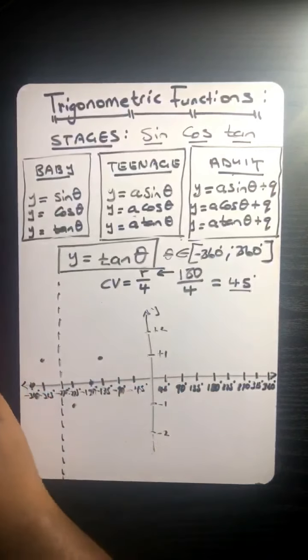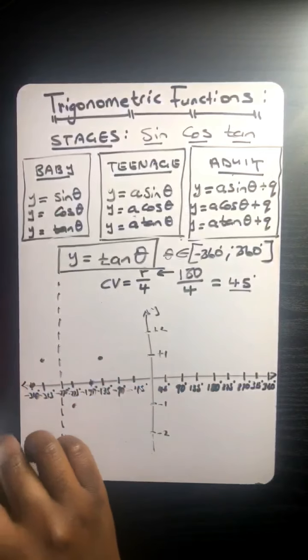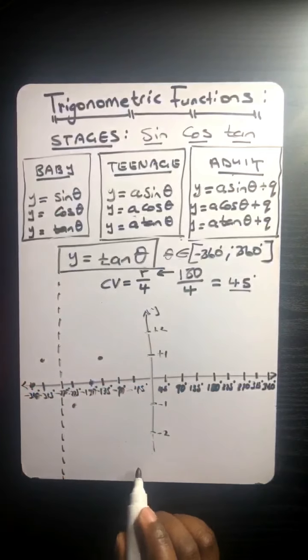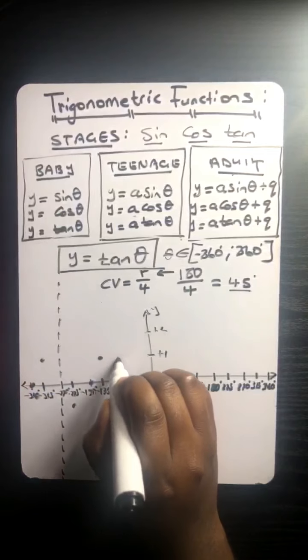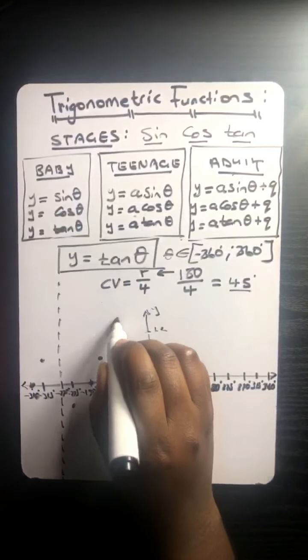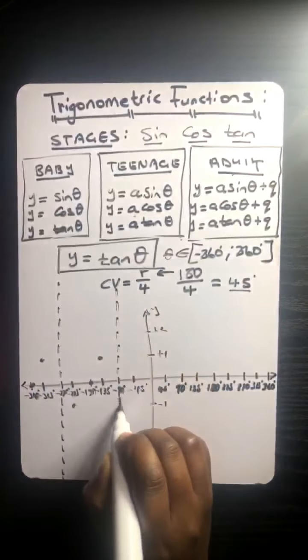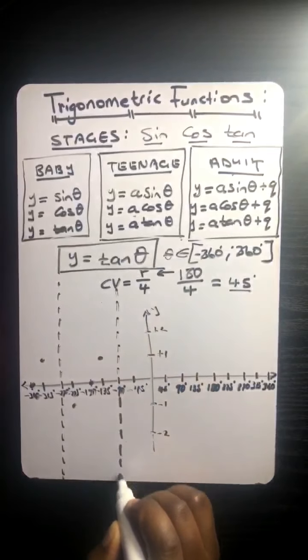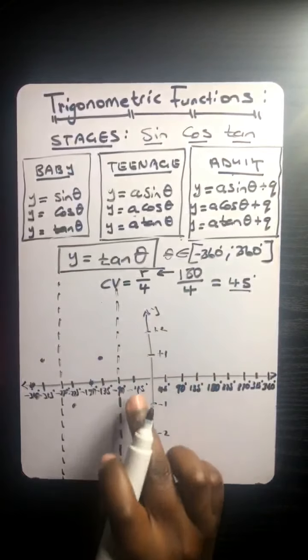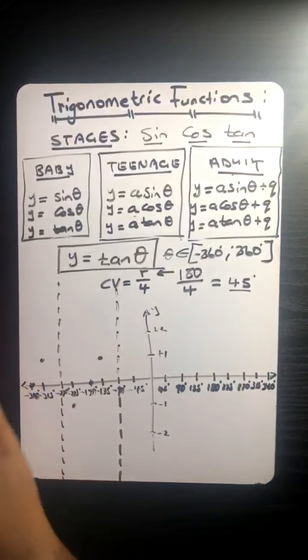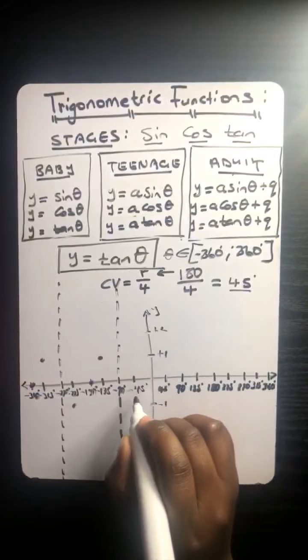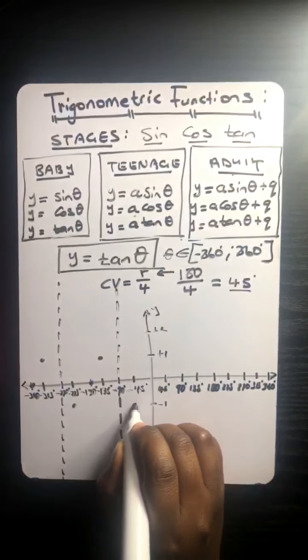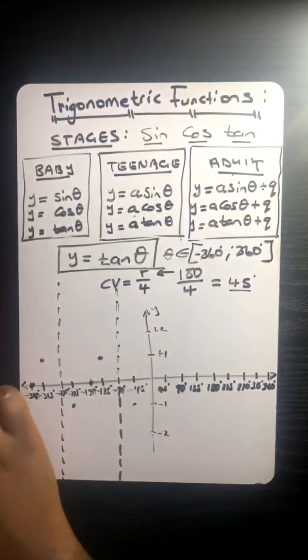Let's go to this one of negative 90. Hey, I'm getting error there. Oh, okay, I just remembered. Wherever we get an error, let's do that. Let's go to negative 45 and see what we are getting. I'm getting negative 1 over there. I'm just not sure if you guys are also getting that.